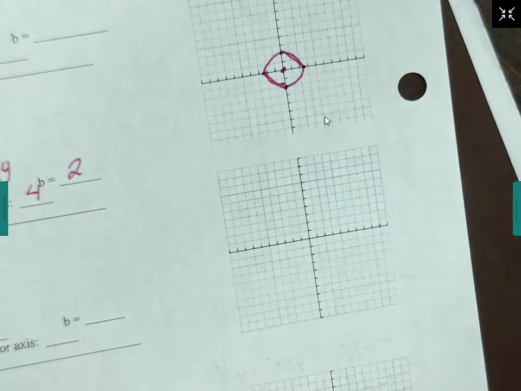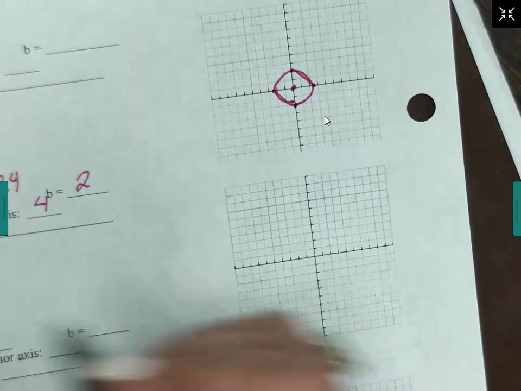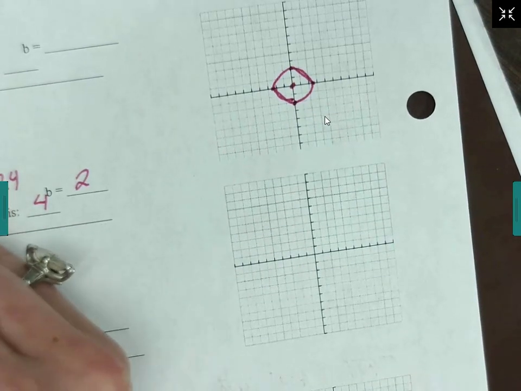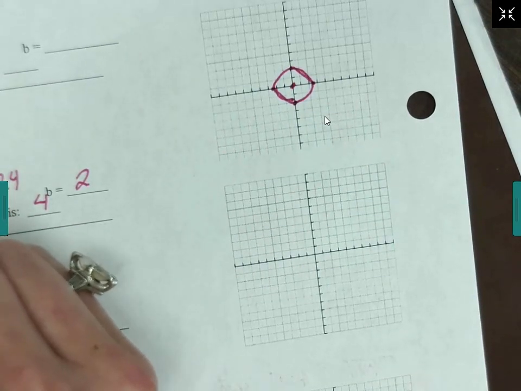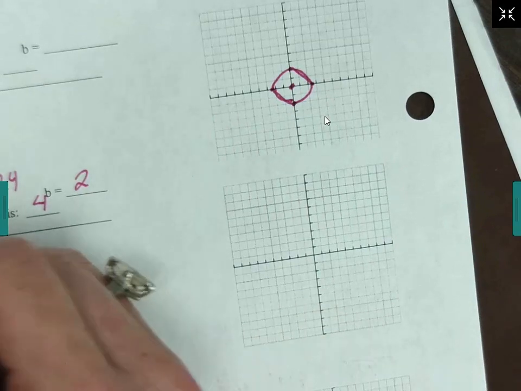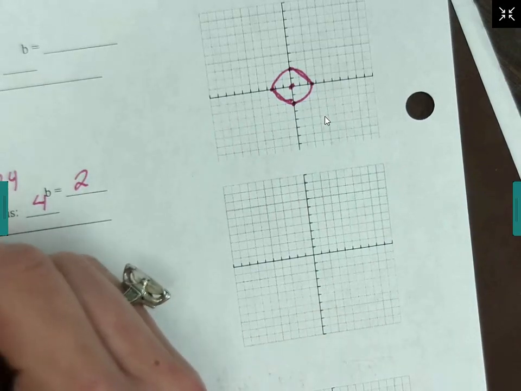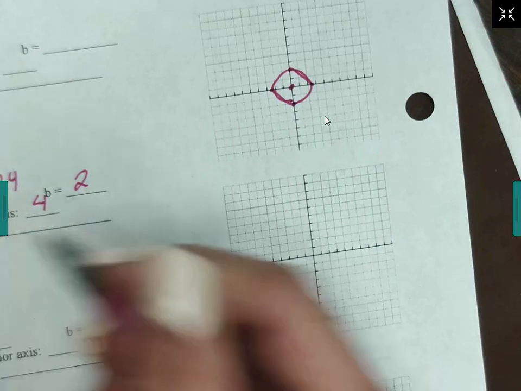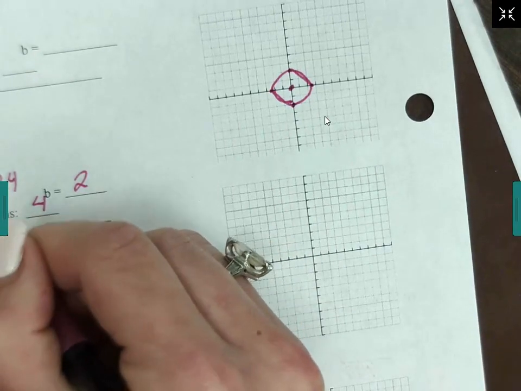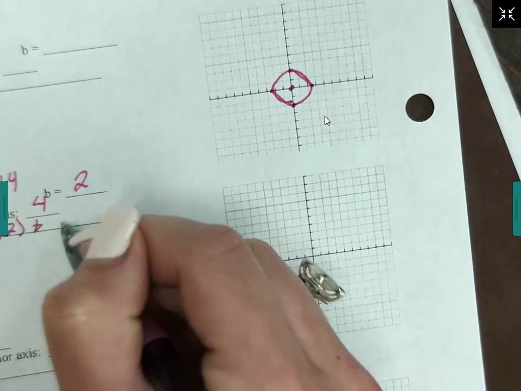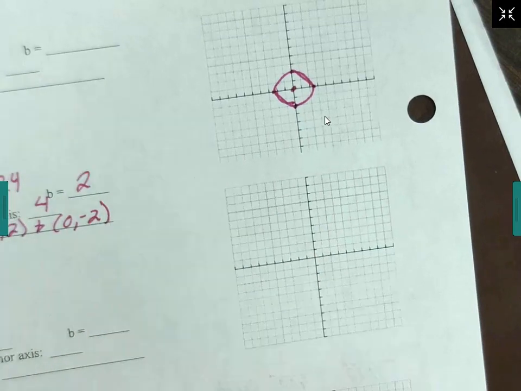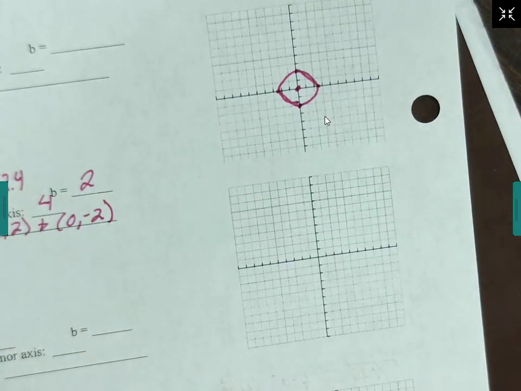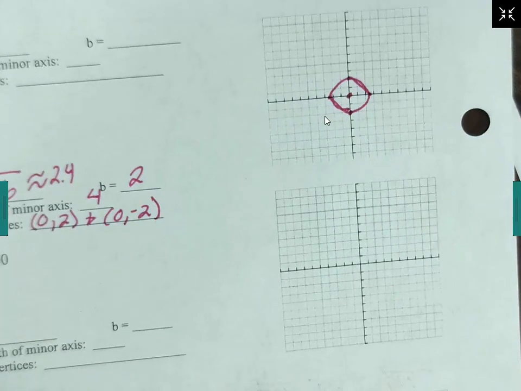Ooh, I struggled with that graph a little bit. Our vertices are going to be (-2.4, 0) and (2.4, 0). That was silly. The co-vertices are (0, 2) and (0, -2). Are there any questions? Yes.